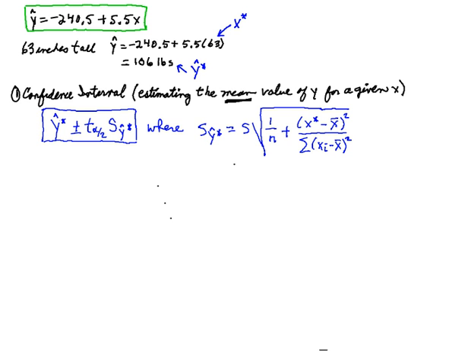That's the interval that we're calculating. To do that, I need to gather some more values here and use them to calculate the standard error given by this formula here on the right.